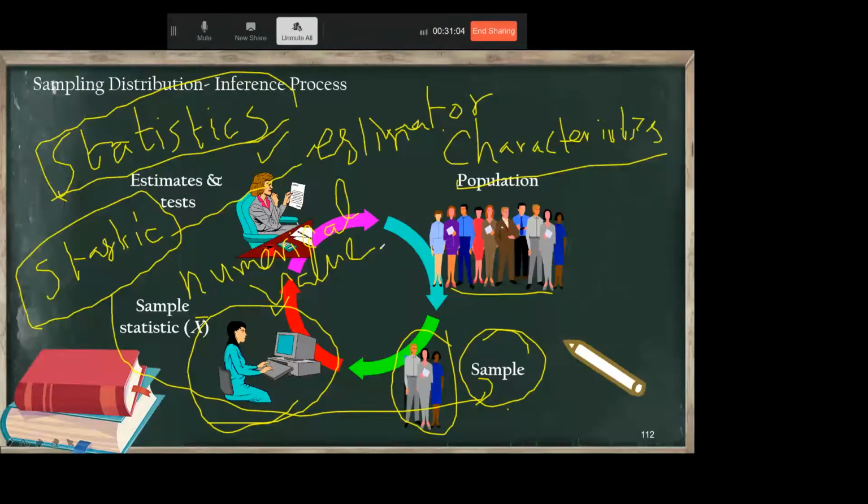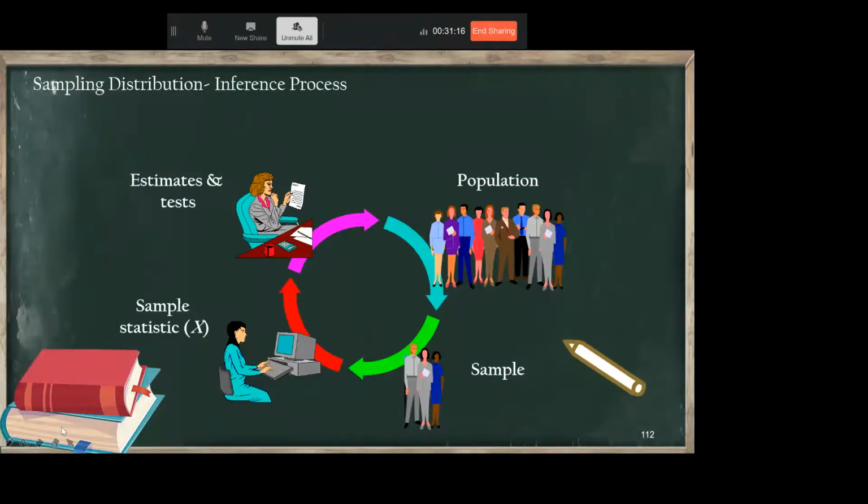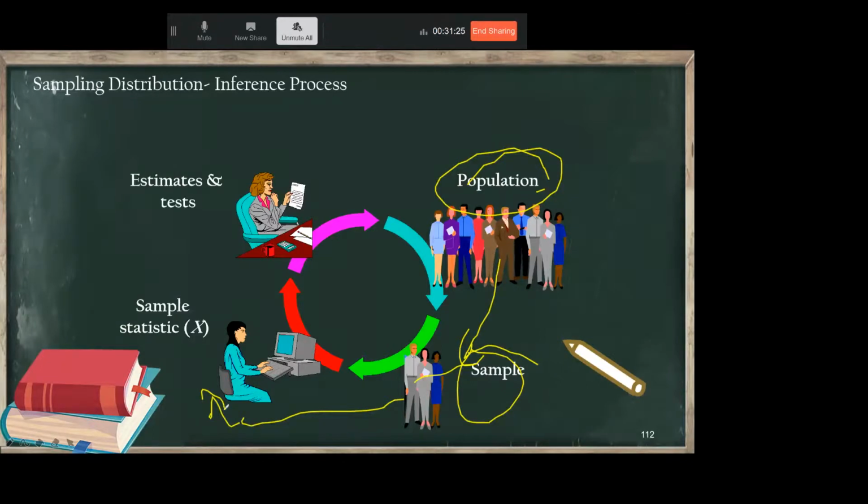Parameters are the numerical values which we measure from a population data. So first thing, population, then from that population we extract a sample, and from that sample we estimate some means.